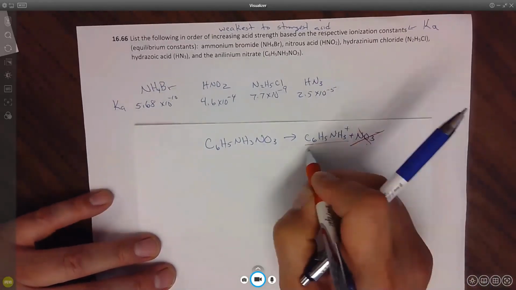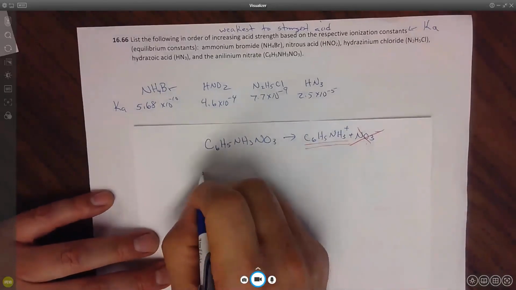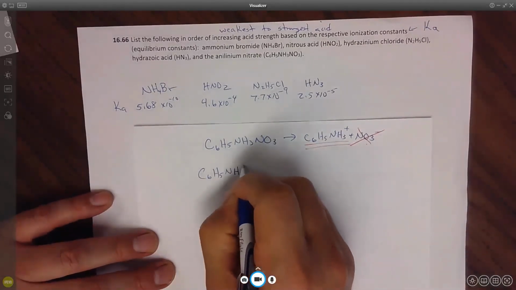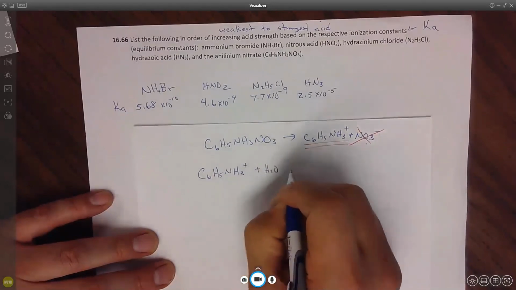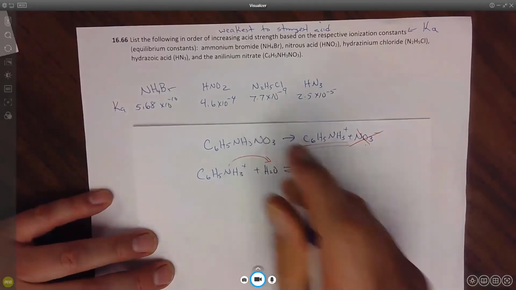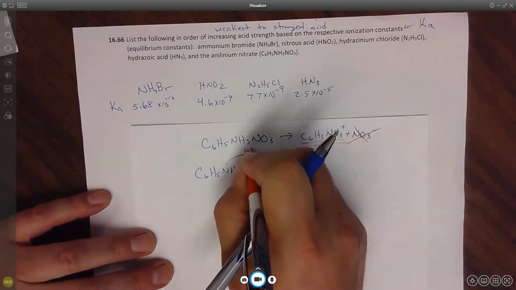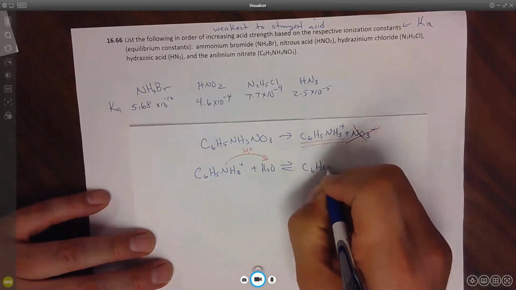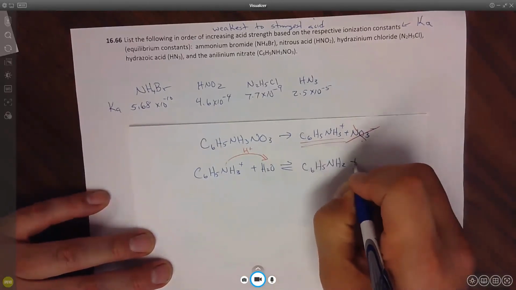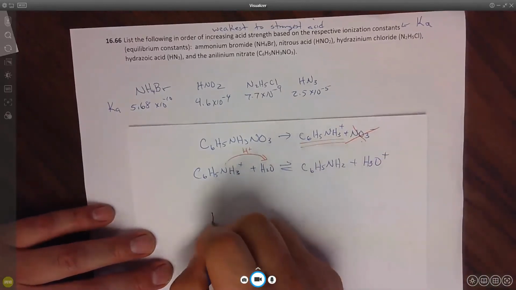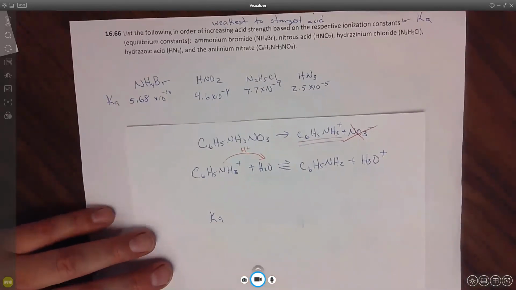So what we're interested in is this guy here. This, of course, is going to hydrolyze. We can see that it's going to donate a proton and form this plus our acid. So again, it is going to be an acid, and we're going to have a Ka value associated with it.